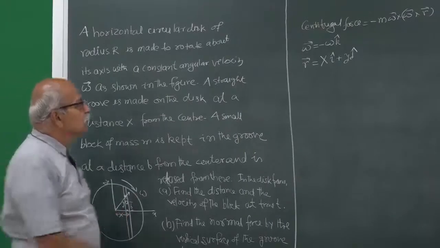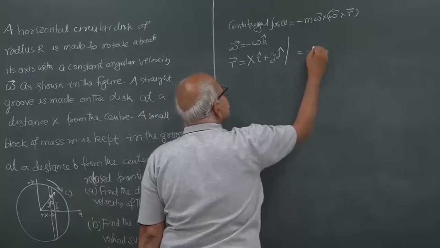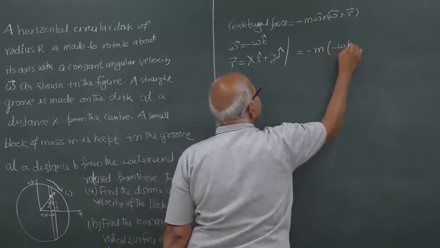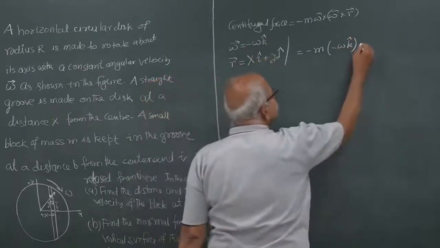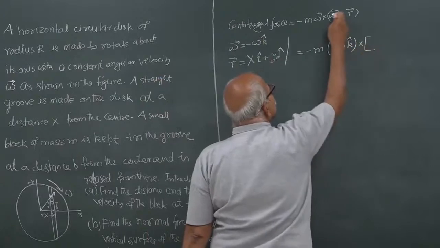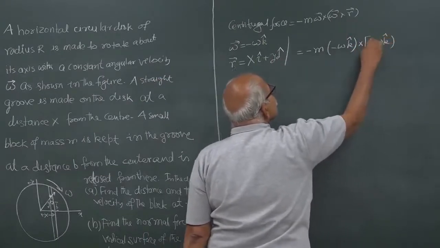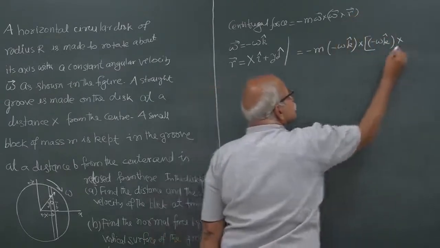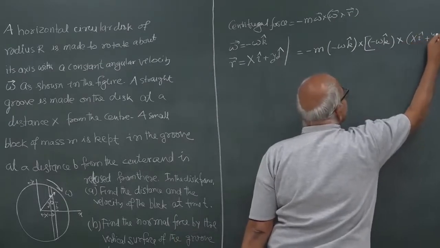So, you can write this as equal to minus m, and this omega vector is minus omega k cap, and then cross this omega is again minus omega k cap, cross r vector is capital X i cap plus y j cap.